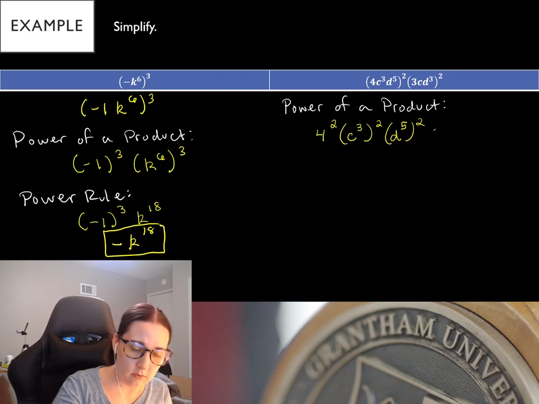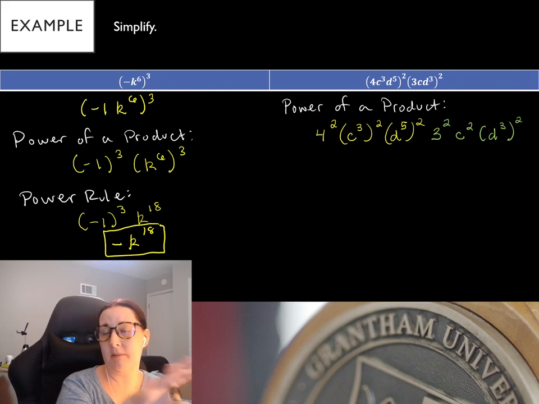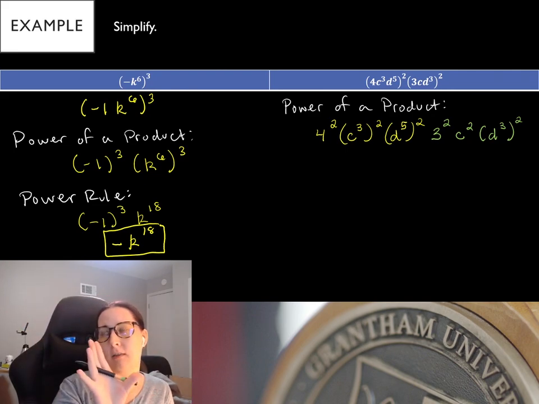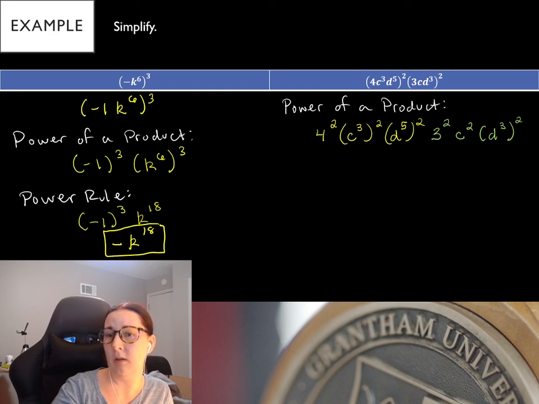We have 3 to an exponent of 2, c to an exponent of 2, and then we have d cubed to an exponent of 2. So we used twice the power of a product rule because we had 2 separate instances where we need that. And so I just did those in 2 different colors to kind of keep those separate just so you can see that. Next step is the power rule.